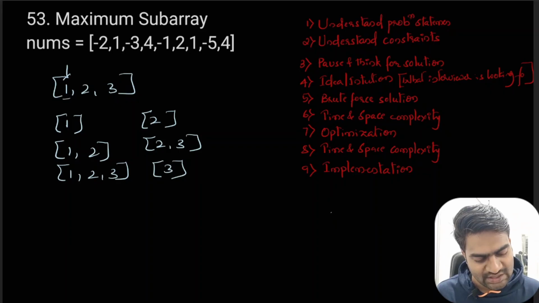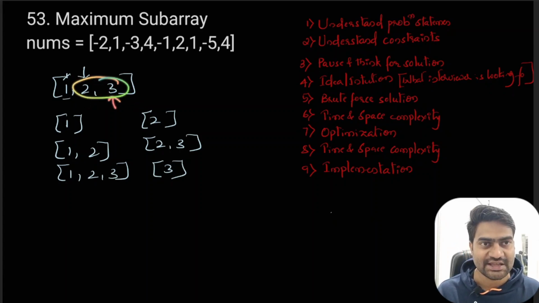Then I moved the starting point to the next number, considered this number, then moved on and considered this entire part. That's how we generate the subarrays.